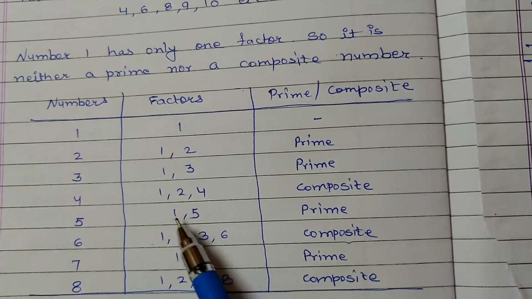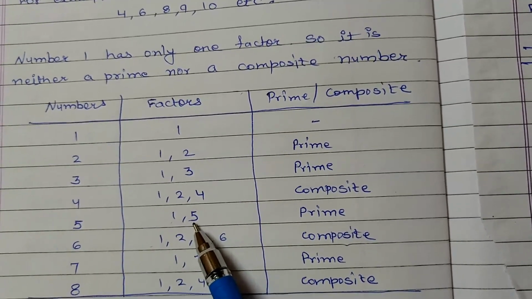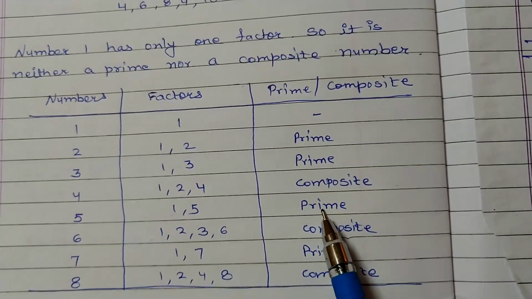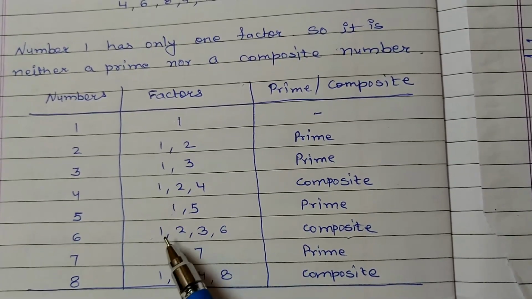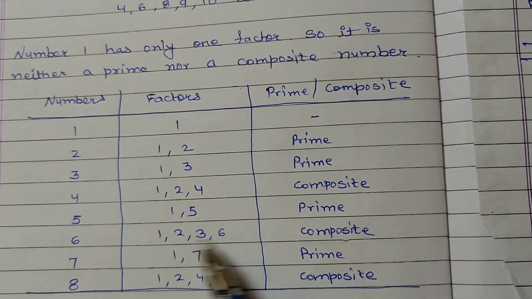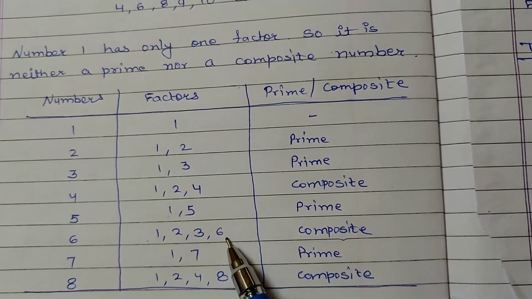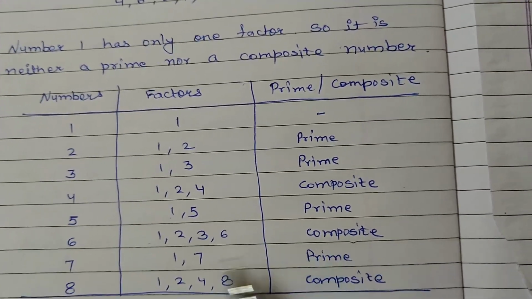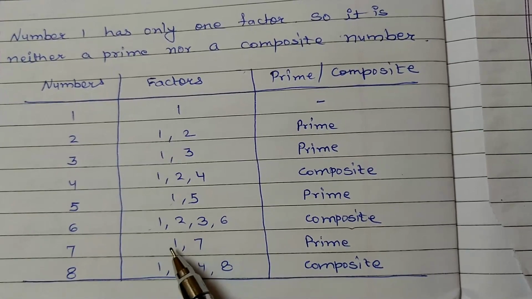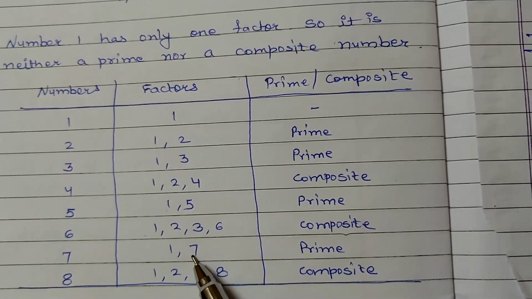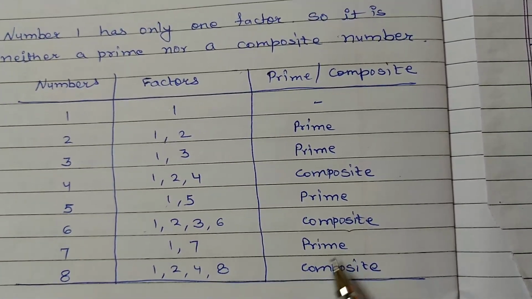For 5, again it has two factors, so it is a prime number. For 6, it has four factors, 1, 2, 3, 6, so it is a composite number. 7 has two factors, so it is a prime number.